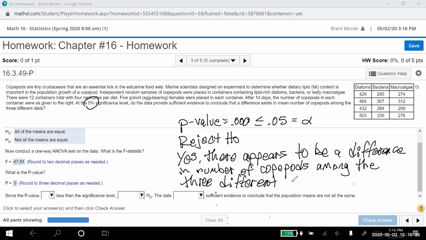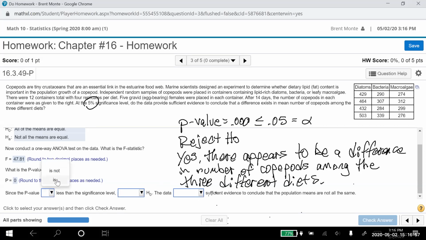I know some of you are saying, why are we going to write this all down when we just need to pick the right one? Well, I'm writing it down because if your test isn't on the computer, then you can do it. And plus, once you've got it written down, it's easy to pick the right answer. Okay, so since the p-value is less than the significance level, reject the null hypothesis.